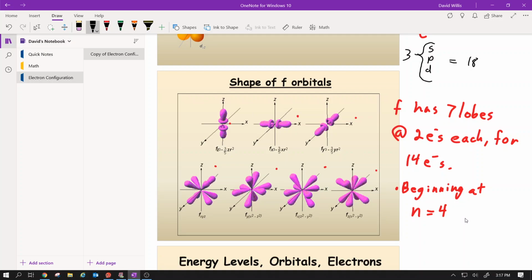Which means that at n equals 4, we have S, P, D, and F for a grand total of 2 plus 6 plus 10 plus 14, for a grand total of 32 electrons.